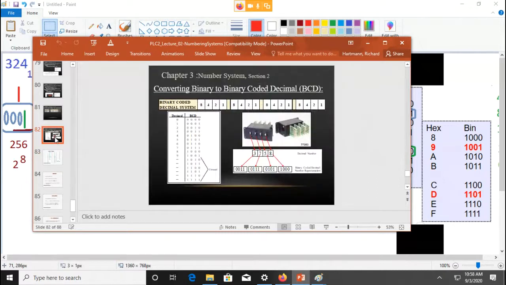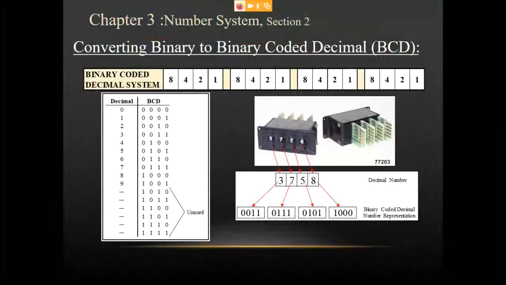All right, so let's talk a little bit about binary coded decimal. Binary coded decimal uses decimal, which means it's only going to use 10 values, not hexadecimal, which uses A, B, C, D, E, and F. There are a lot of mechanical displays that have been created and sometimes are still in use that use binary coded decimal.